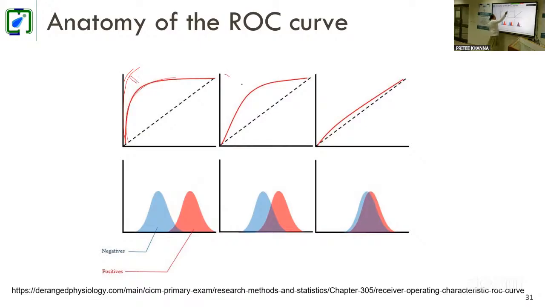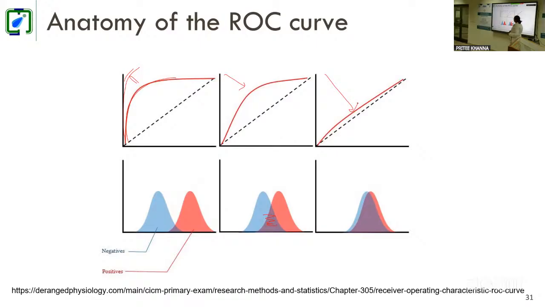Now here you are moving on the opposite end. When you are moving on the opposite end, the overlapping increases. Area under curve. So anatomy you can understand. That is the different versions of ROC. Corresponding to this curve, you can see it is further moving here.